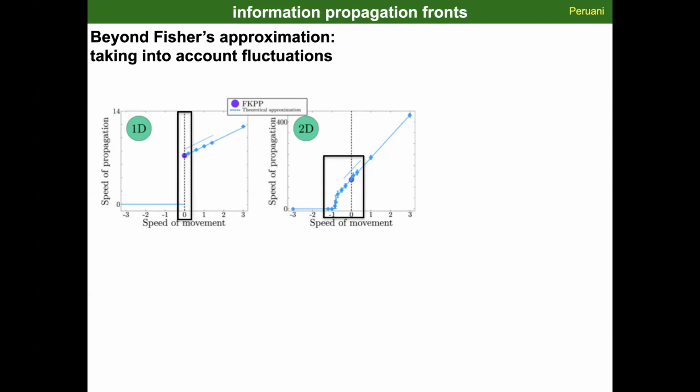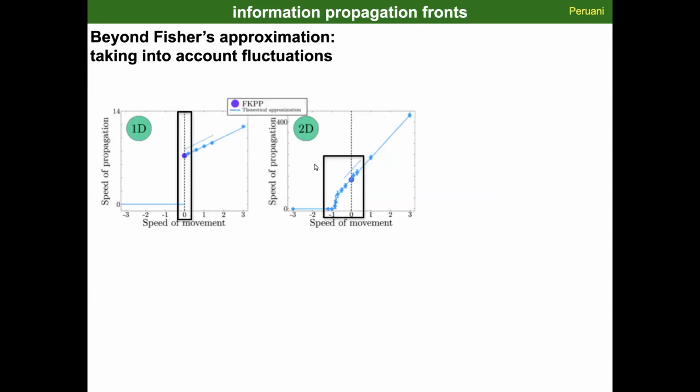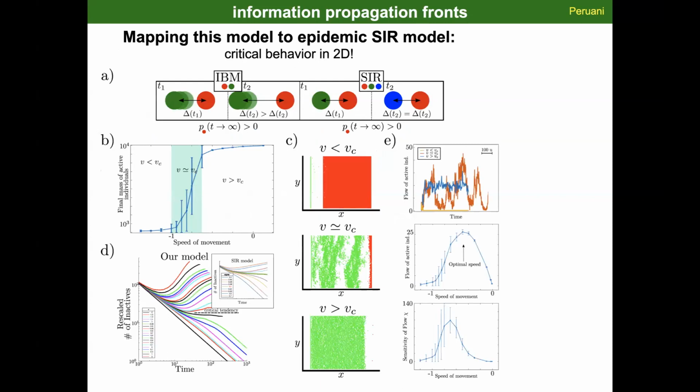This transition that you see in 2D, one can show, is associated with the critical behavior of the system. So around this point the system is critical, and that can be shown if one realizes that one can do a mapping from this model I showed you, with two states, to an epidemic SIR model, or in physical terms, the dynamic percolation universality class.